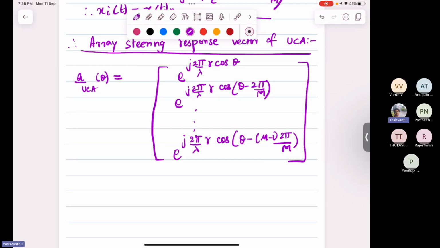This is my array steering response vector for a UCA.